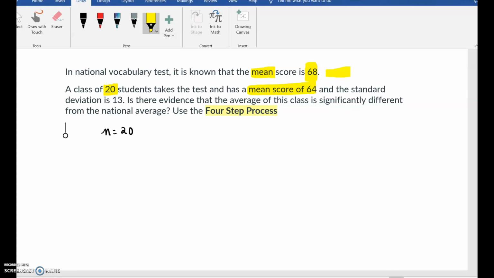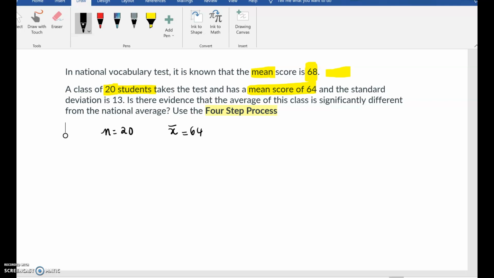And they are referring to 20 students who took the test. So obviously the 64 is not the population mean, it's the sample mean. Sample mean, the symbol is X bar. So 20 students took the test and the mean score is 64. So definitely that's not the population mean, it's the sample mean.